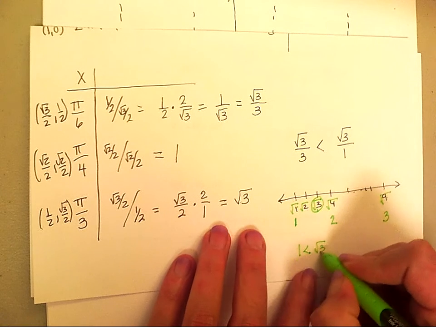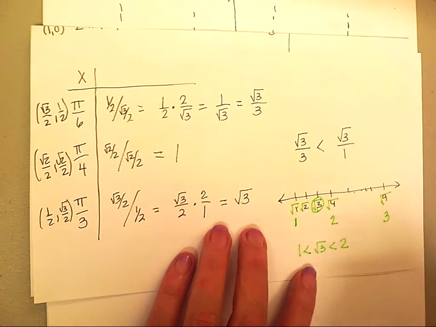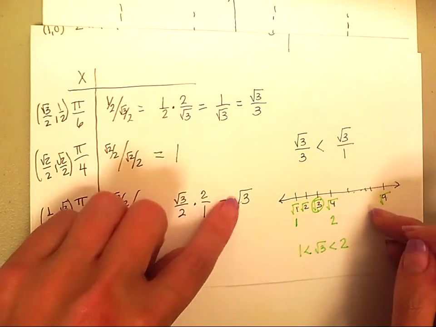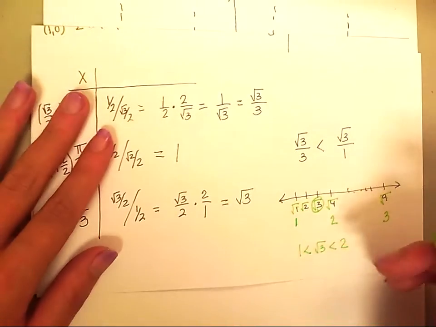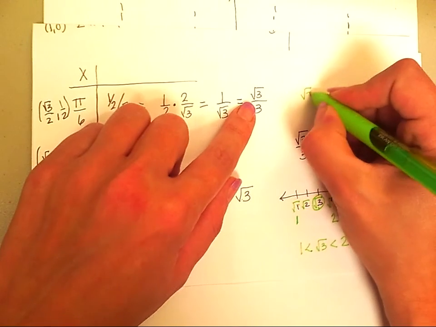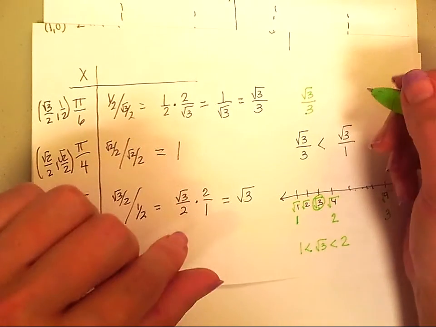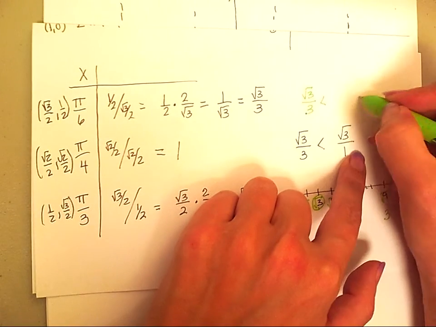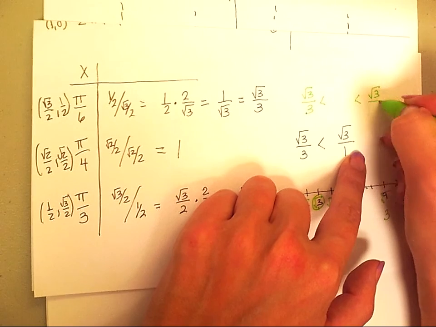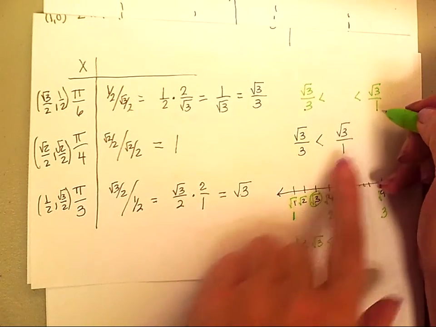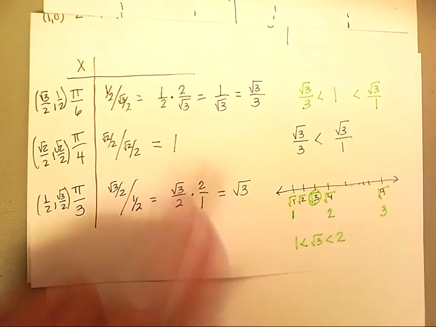So the square root of 3 is greater than 1, but less than 2. So from here, we can see that the square root of 3 over 3 is less than this one, and the square root of 3 over 1, which is just the square root of 3, is greater than 1.